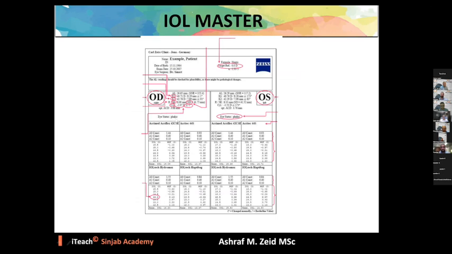It states the eye status, which is phakic or aphakic or whatever. You can put in the printout your commonly used IOLs, and you can say what your target refraction is and how you will assess it. And it also gives you multiple formulas like Haigis or whatever.